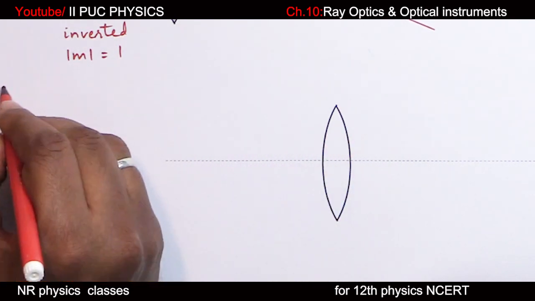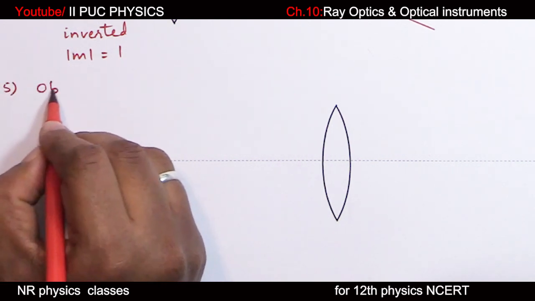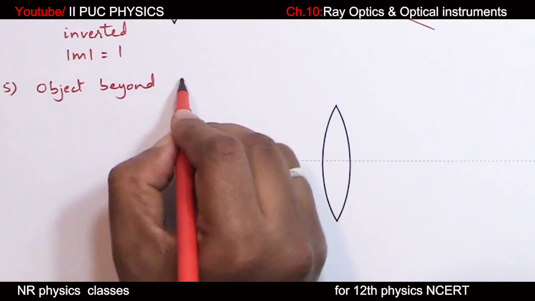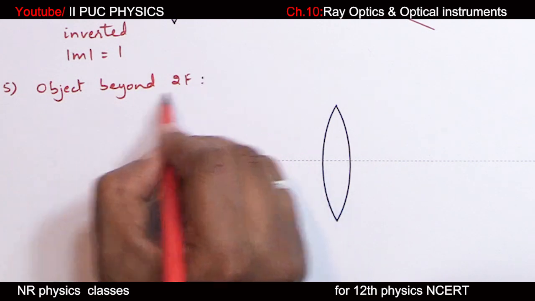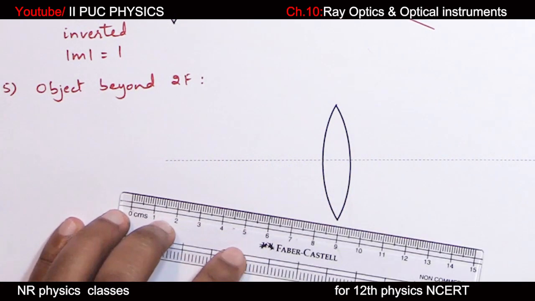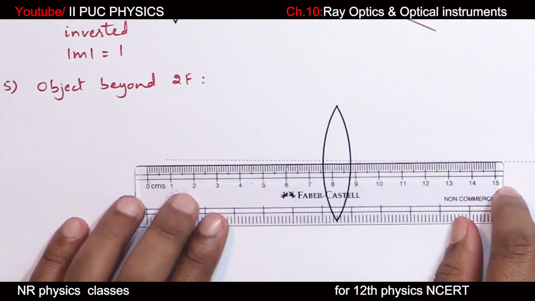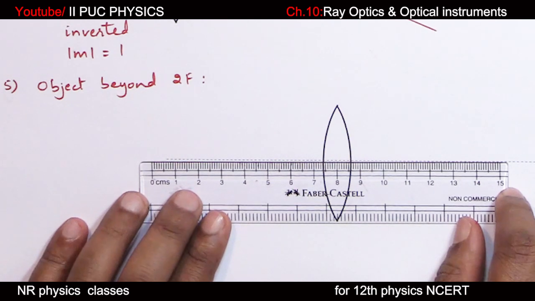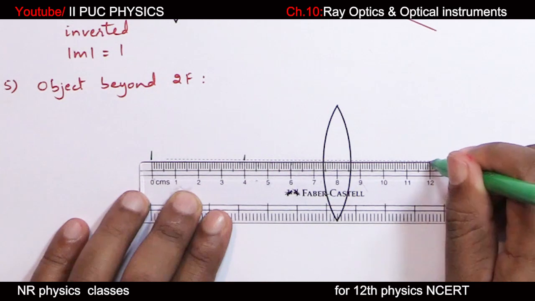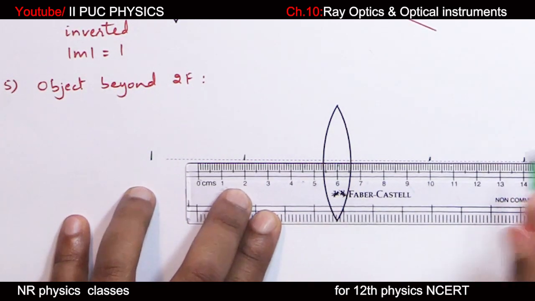Now, fifth case, when the object is beyond 2f. Convex lens, principal axis, f, 2f, f, 2f.